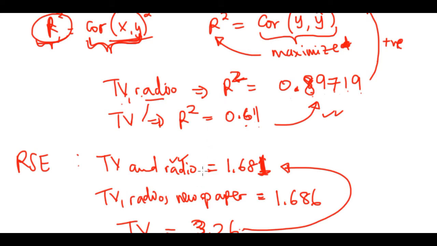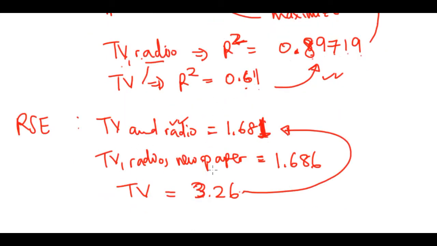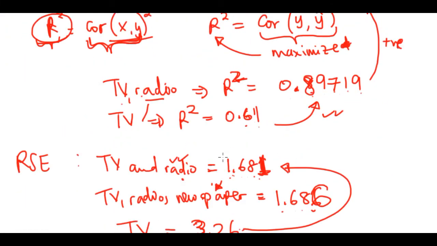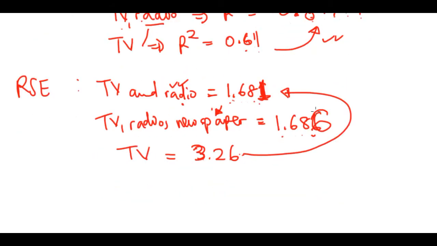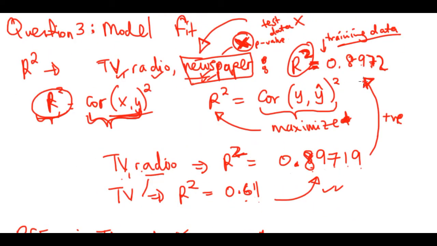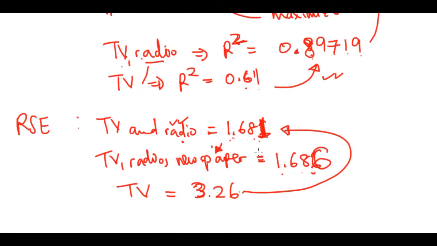Now look at the RSE when we add newspaper. It actually goes up from 1.681 to 1.686. It actually goes up, which means we have introduced some noise by introducing newspaper. Although by introducing newspaper our R squared increased, if we just look at R squared, you get wrong results, because look at our RSE, our errors have actually increased by including newspaper.